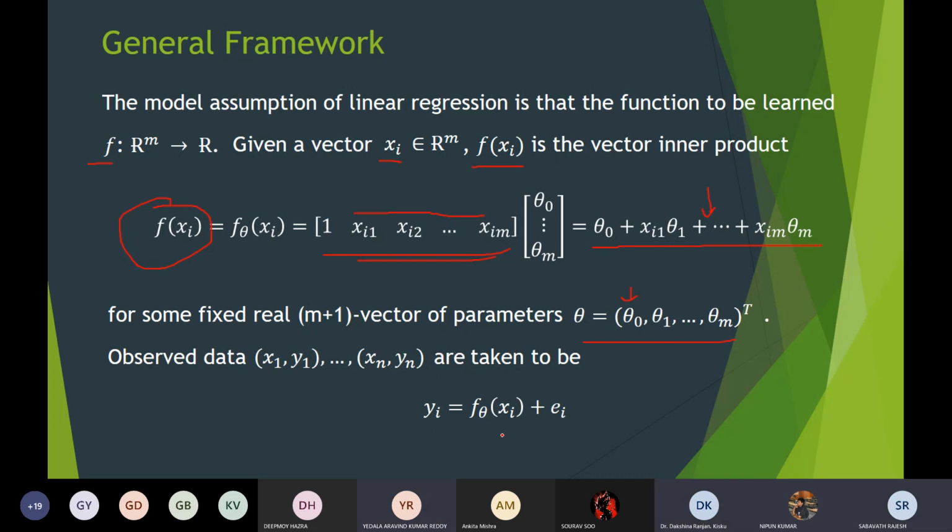Now what is this ei? We know about this component, and this component. But what is ei here? Can you tell me what ei is here?